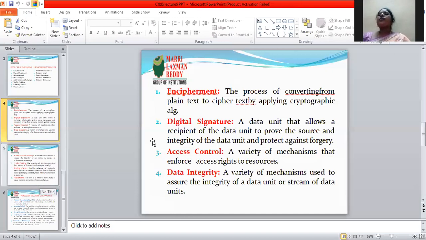For a data unit, the integrity is assigned, the integrity is verified, and the integrity is assured. That is the data integrity mechanism.